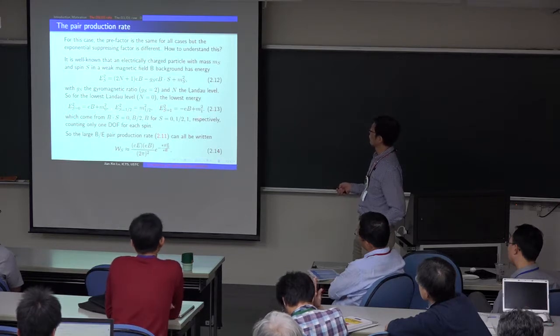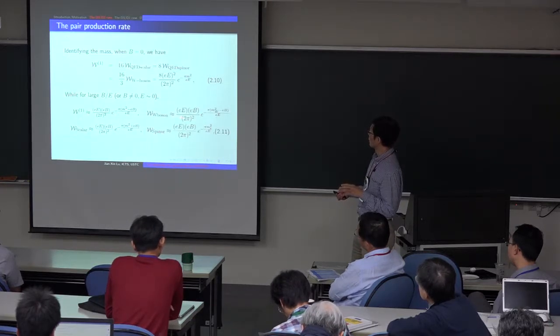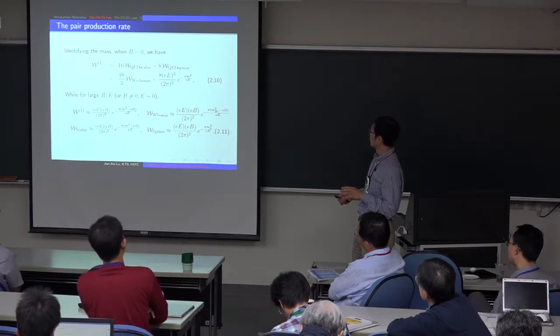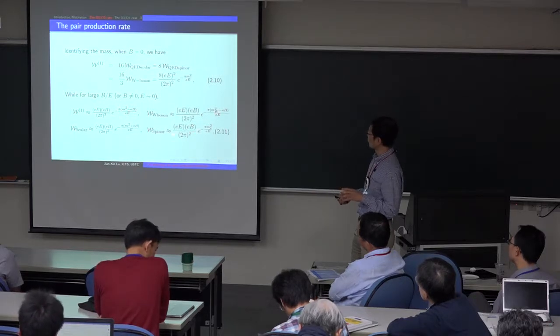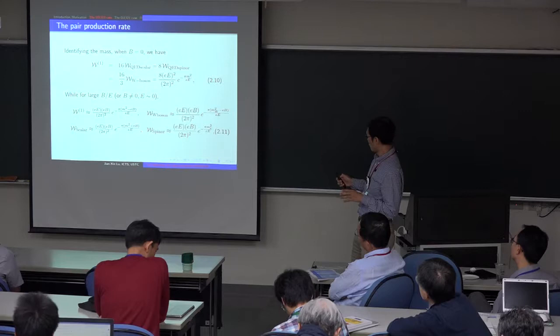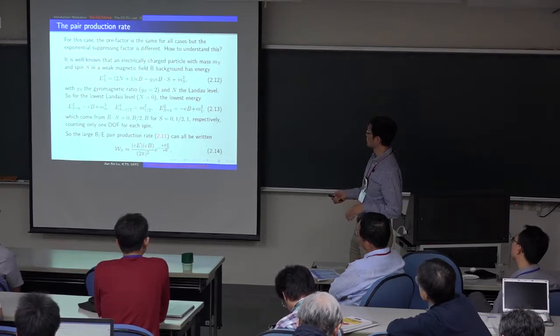So if you consider the lowest mass, it is just given by this. If you use this, then you can easily explain this formula. Basically it can be summarized by just this formula.